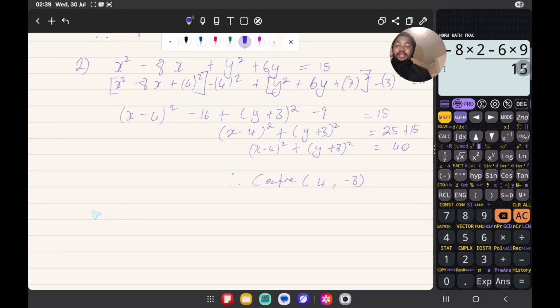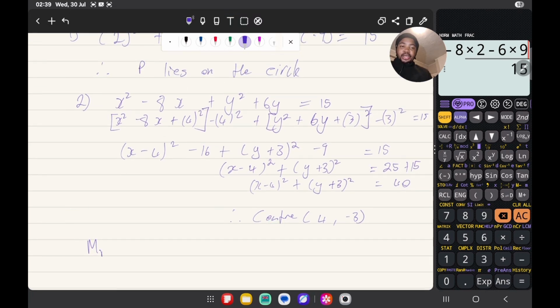So you're going to find the gradient of your radius. Remember, your radius is from the center to the circumference, which is point P. So you're going to say y1 minus y2 over x1 minus x2.